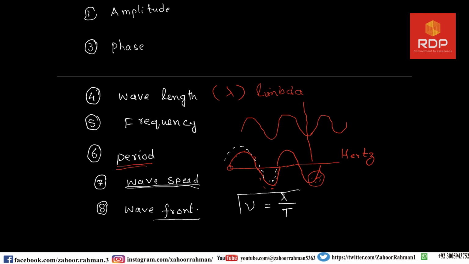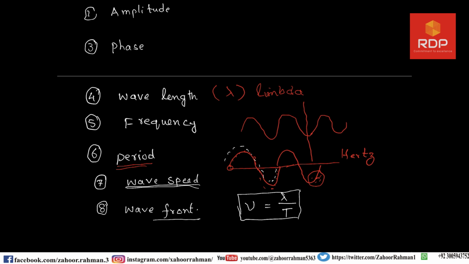Remember, this is a very famous equation relating frequency, time period and wavelength. If two of the quantities are given, you can find the third one very easily with this equation.